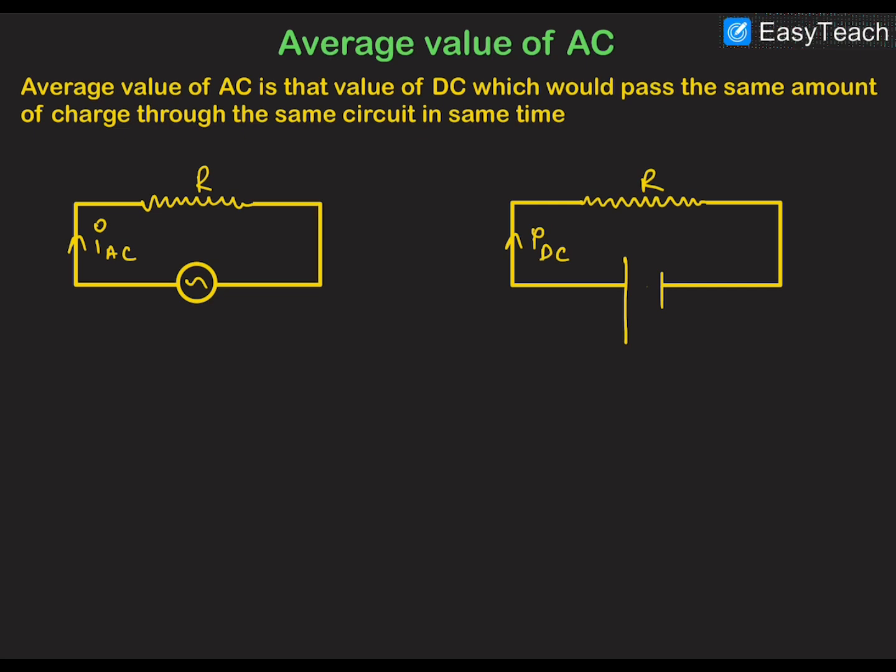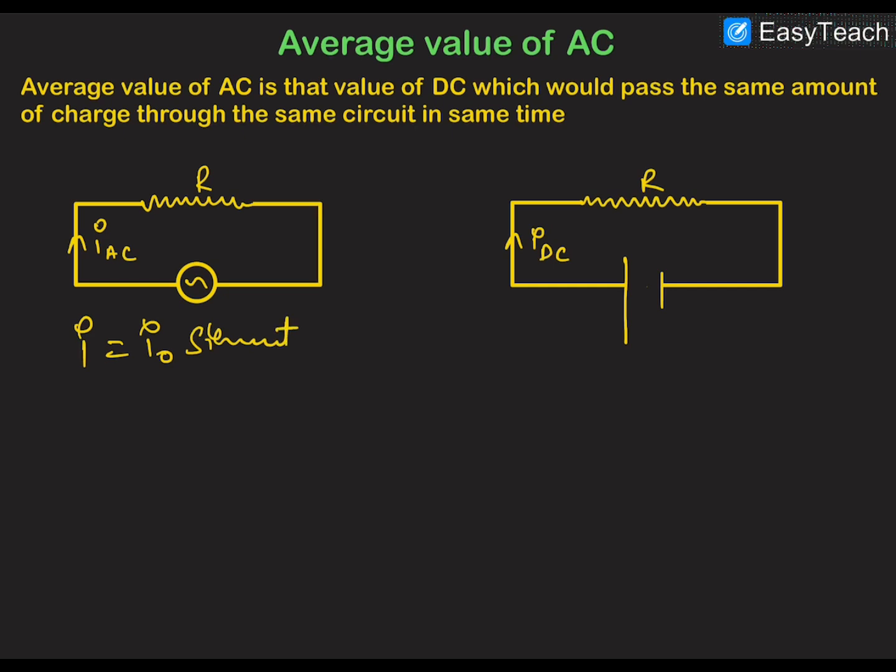So in this case you can see again in this example that there are two circuits in which the same resistance is connected to AC and DC sources, and let us suppose that the AC current passes some charge through this circuit in the same time, in the T time, and for the value of AC we can first of all take the example as I equal to I naught sine omega t.